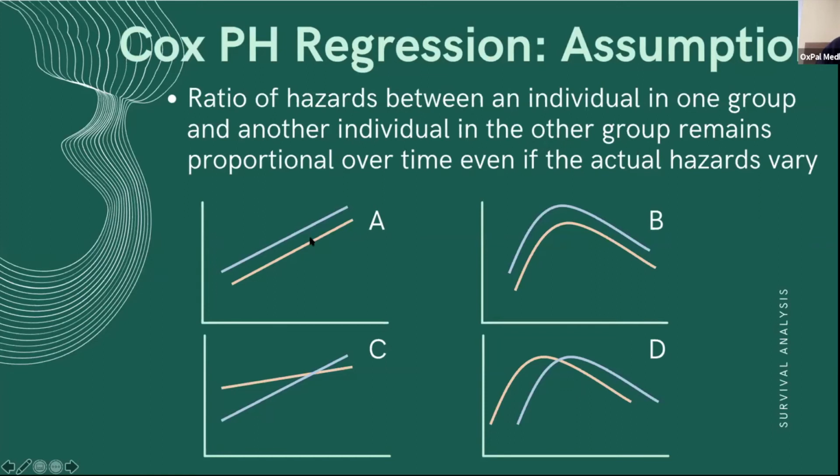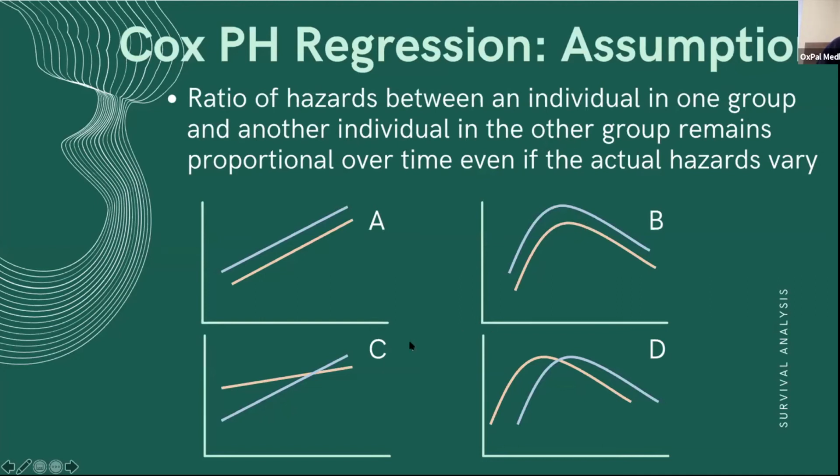So the correct answers are A and B actually. This represents hazard; if you cut a slice here, it will be one hazard. They remain proportional to each other, even if they have different values of hazard. It's the same for letter B. They look like they are parallel to each other, so they remain proportional.